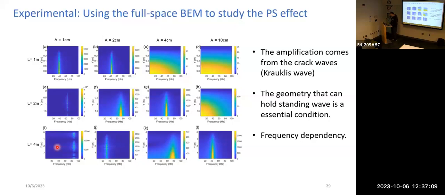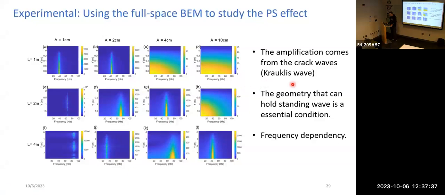Yeah. And for the 3D simulation, we also observe the amplification because we first find that when the fracture aperture is too large, we cannot have a very good amplification. So that means the amplification comes from the Crockley wave, which means you need to couple the surface wave of the two surfaces to form the resonance.